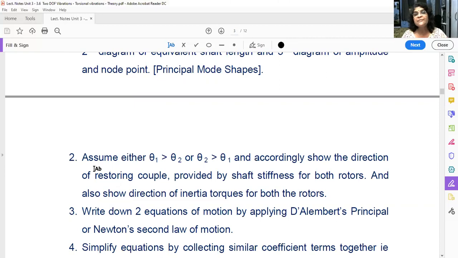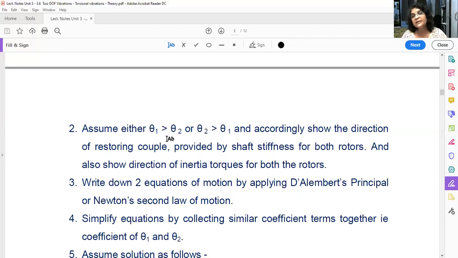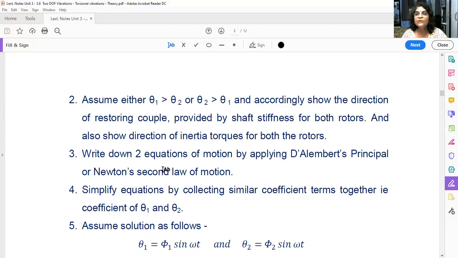Then the second step is to assume either theta 1 is greater than theta 2 or theta 2 is greater than theta 1, and accordingly show the direction of restoring couple, which is provided by the shaft stiffness. Then write down 2 equations of motion by applying D'Alembert principle or Newton's second law of motion.